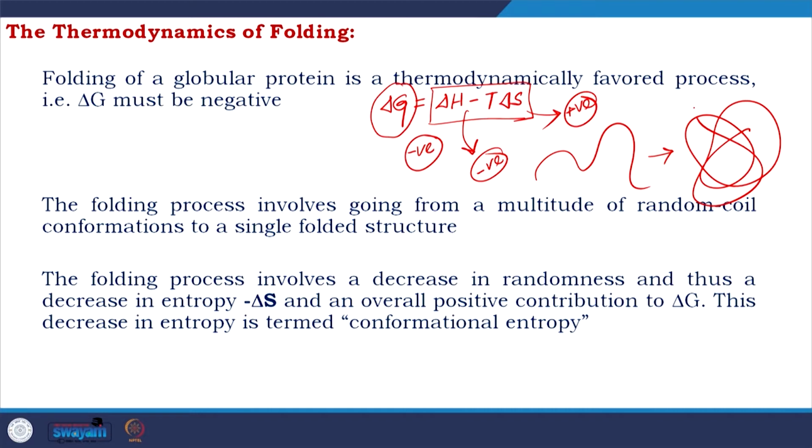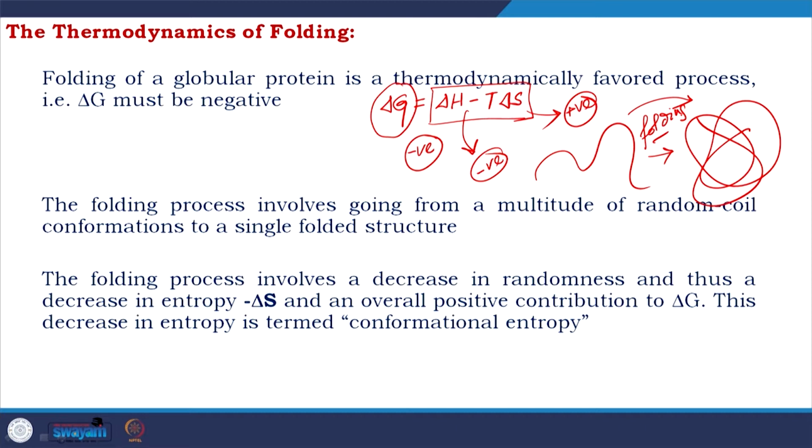So, you see what they are talking about, they are saying from this to this, which is called the folding process. This folding process involves a decrease in randomness.